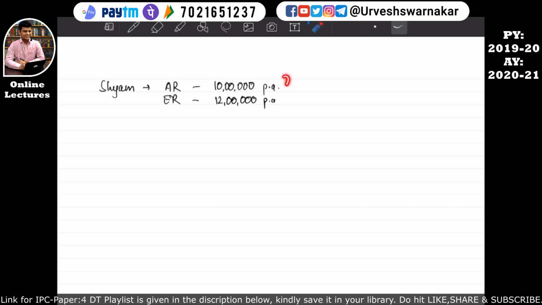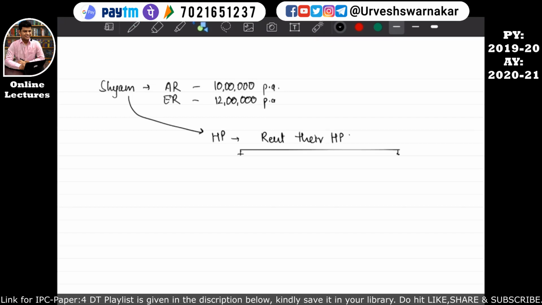So basically, why did this particular expected rent concept come into the picture? Because in the earlier days, what these assessees used to do, they used to have this house property and they used to rent it out. They used to ask the tenant to pay the rent in the following manner.